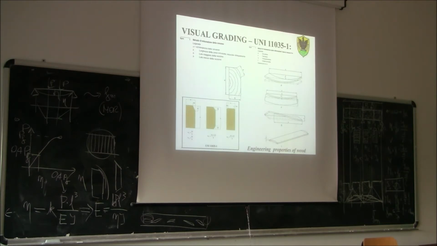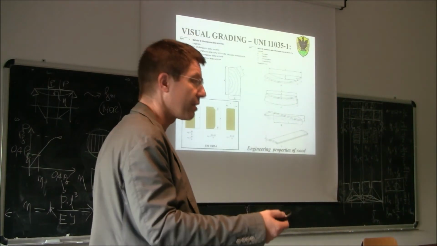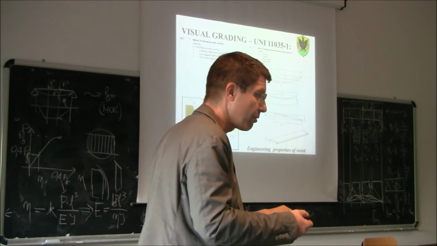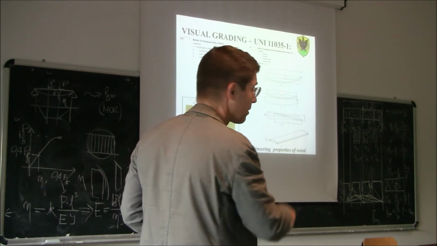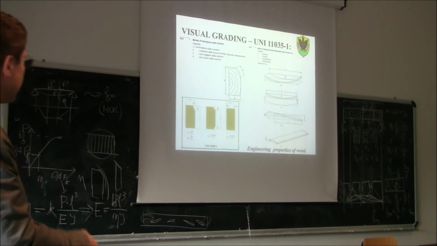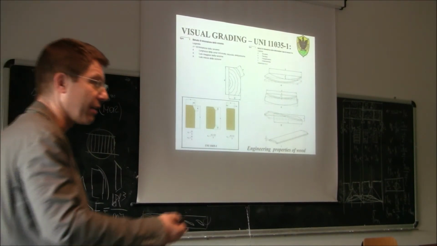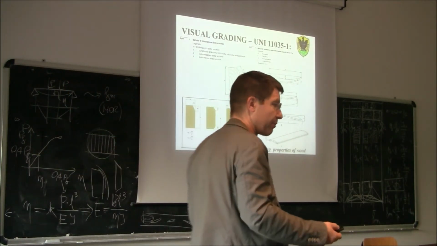Because the wood, we will also study this later, when you cut a tree, the wood has lots of humidity inside, and then this humidity is going over time to disappear. When the humidity disappears, you also have some distortion, something like this, and of course, those are not allowed if they are too big. If, for example, you see this deflection is too big, then you can't really use the board because you have lots of problems.